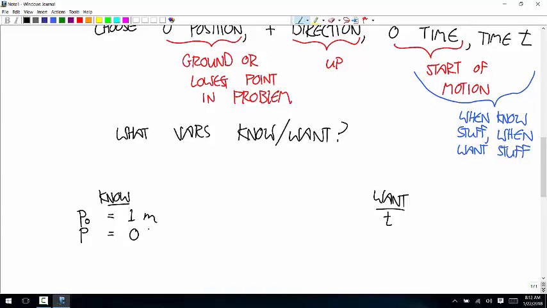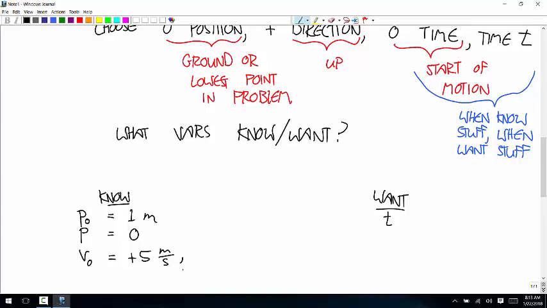Do we know the velocity at time 0? Yep, that's given. You guys aren't looking at this problem, so it's hard to keep this stuff straight. But it said its initial speed is 5 meters per second up. So v0 is positive 5 meters per second. Do we know the velocity at time t?